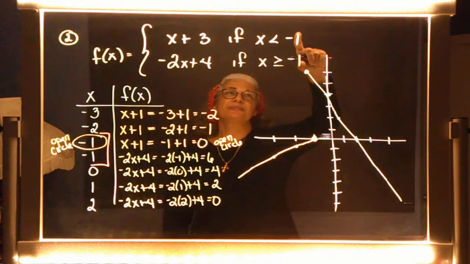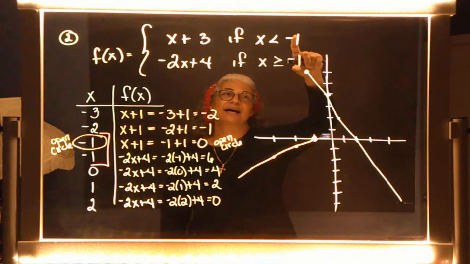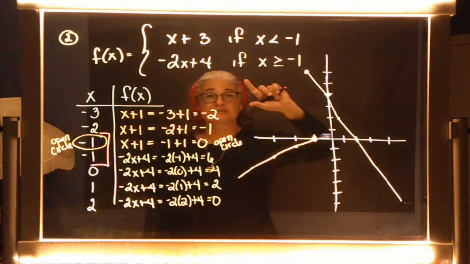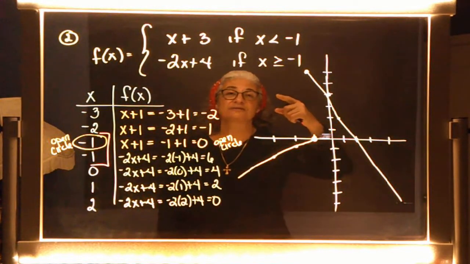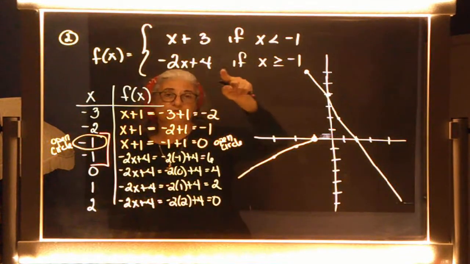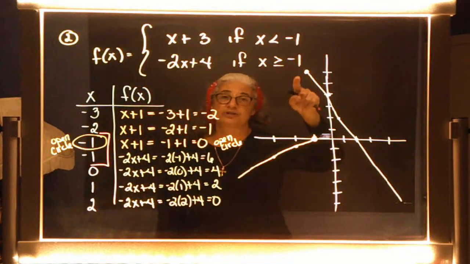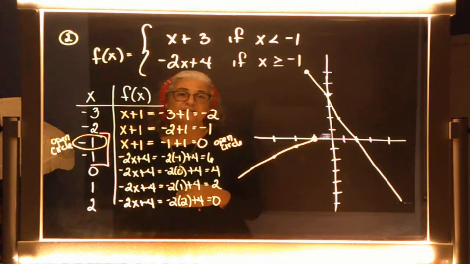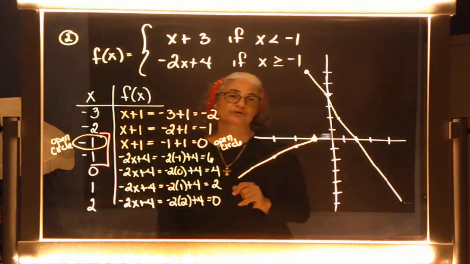So when you've got this x value, that's the actual x where the pieces will switch, like we went from the first piece to the second piece at negative 1. I recommend writing it twice here, because that way I could actually see where the first piece will end and the second piece will start.